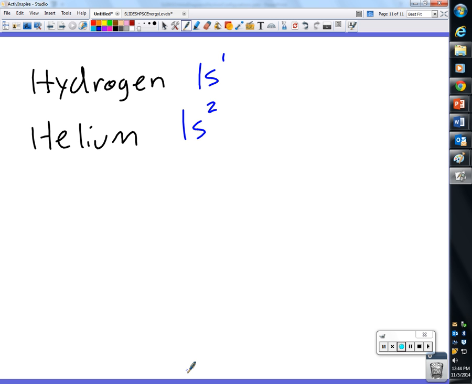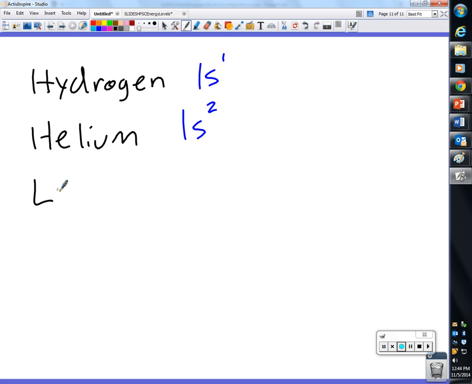It's not a mathematical operation. It's representing a number of electrons. Even though it doesn't specifically say it in this electron configuration, what do you know about those 2 electrons? Opposite spin, right? S plus 1/2, S minus 1/2. The Pauli exclusion principle still applies even though it doesn't specifically show it here. It's a shorthand way. It's not as detailed, but it still gives us the same information.